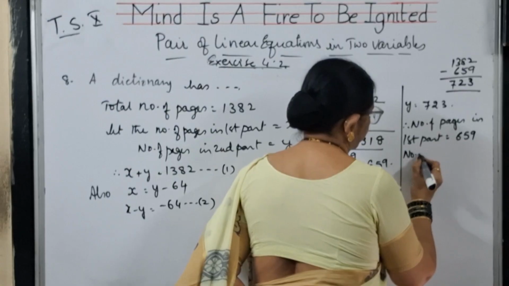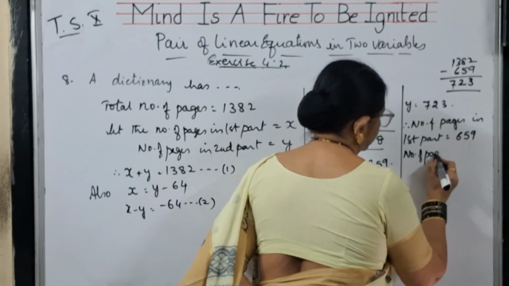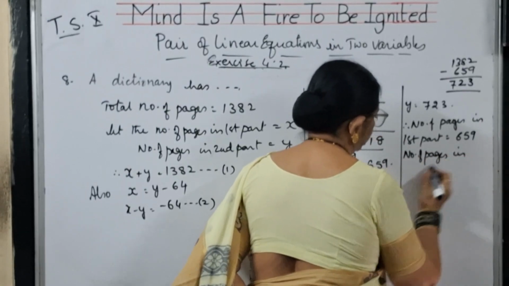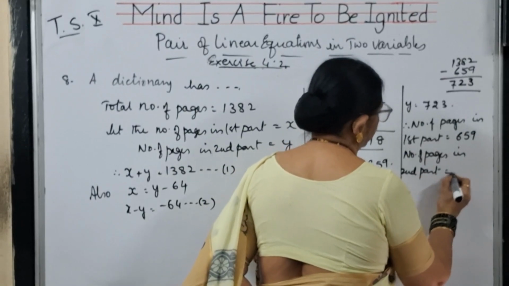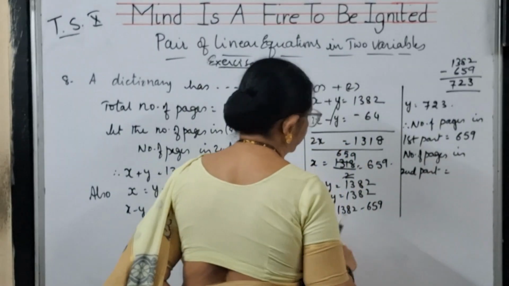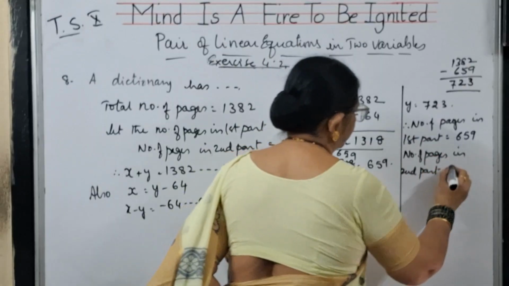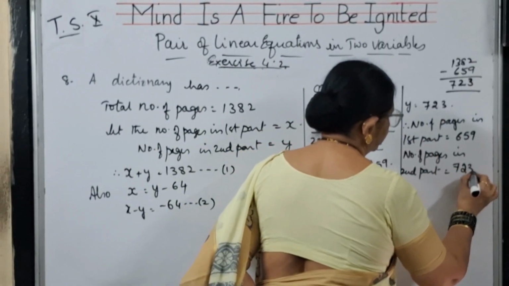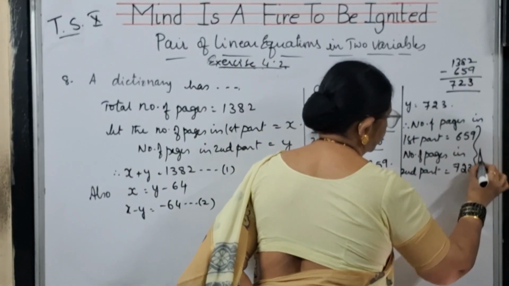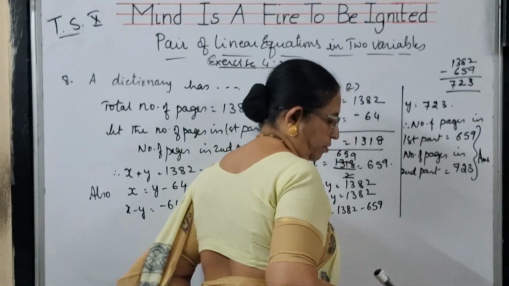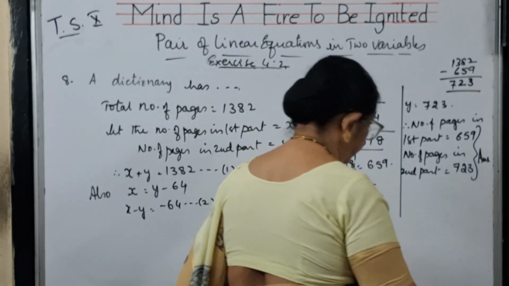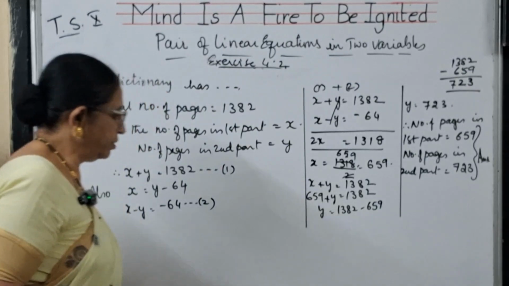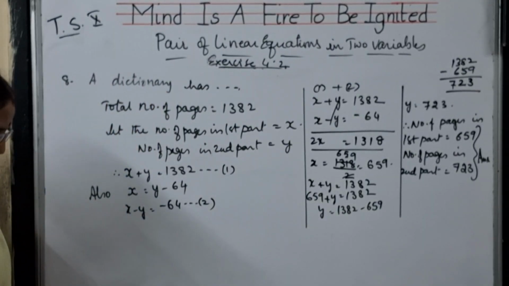Number of pages in second part is equal to, how much is the second part? 723. These two are the answers, children. This is the 8th problem. Please note it down.